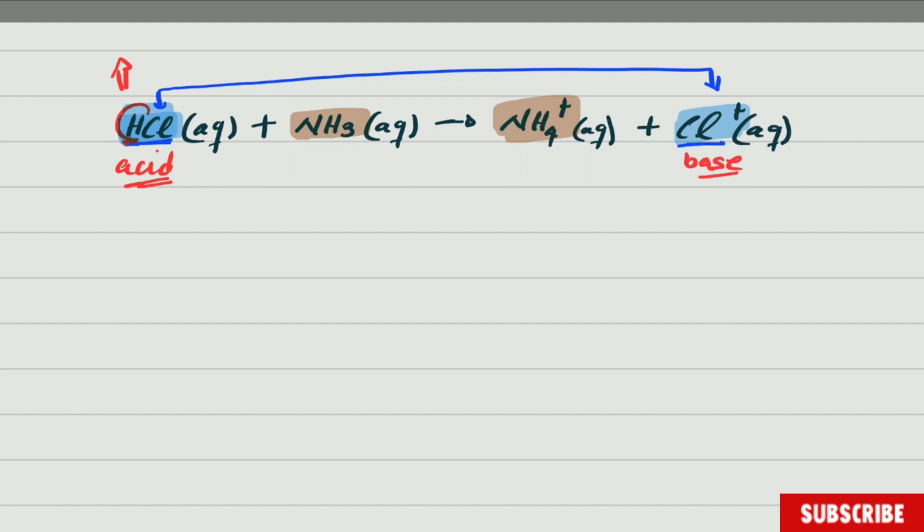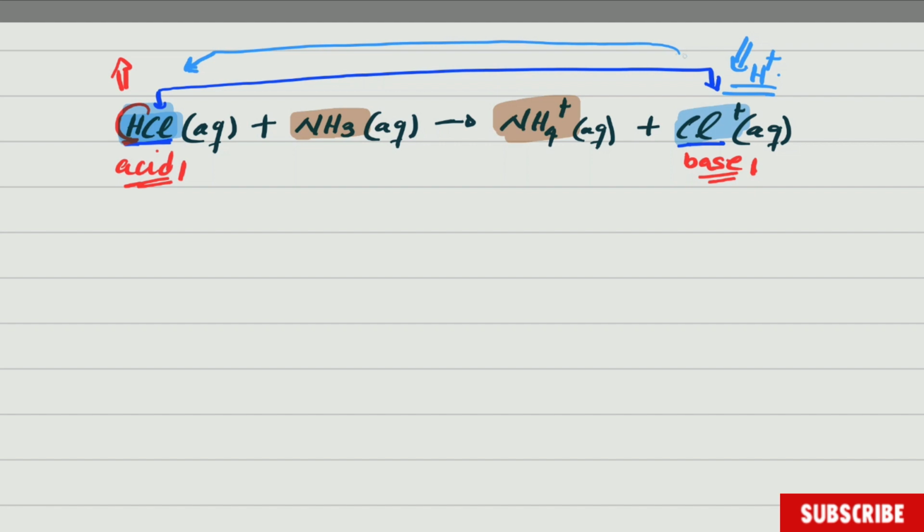Now, don't worry about that one. If this one is acid 1, this one is base 1. Now, what will this one look like if this reaction is going in the opposite direction? So if it was from product to reactant, if this one was moving in this direction, guys, what would the Cl do? Well, the Cl here, as you can see, will have to take 1 hydrogen proton in to become HCl.